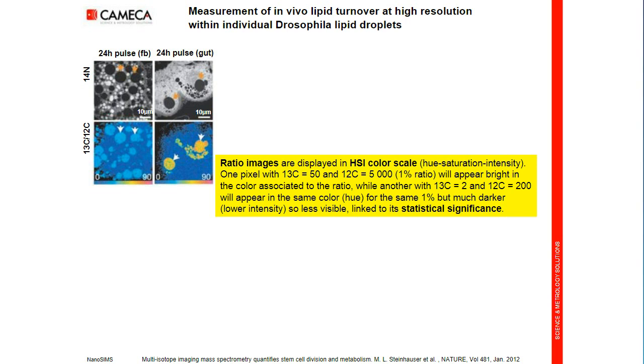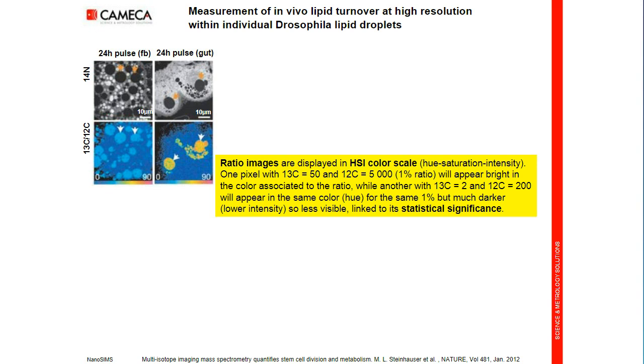But as the signal to noise is much lower, it will appear in this display mode much darker, so less visible. So we mostly see only the statistically significant pixels.